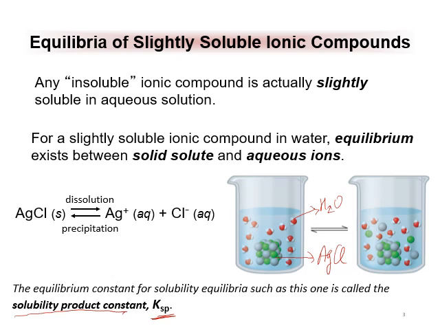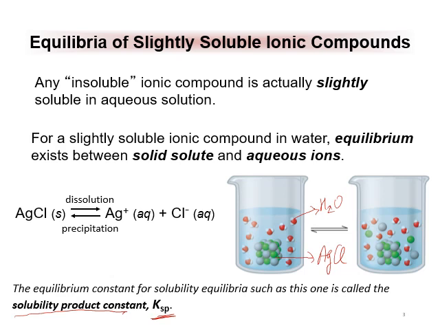So going back, you guys have seen these reactions in equilibria a lot. In this case, the equilibrium is between solid AgCl and the ions, Ag+ ions and chloride ions that have dissolved. So AgCl solid will dissolve into water to produce Ag+ ions and Cl- ions.